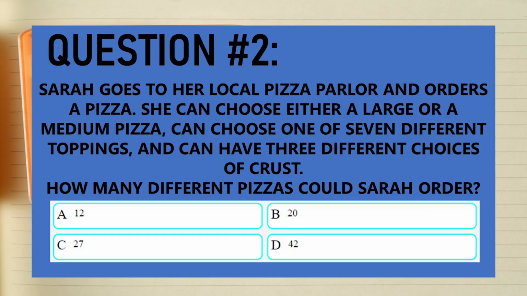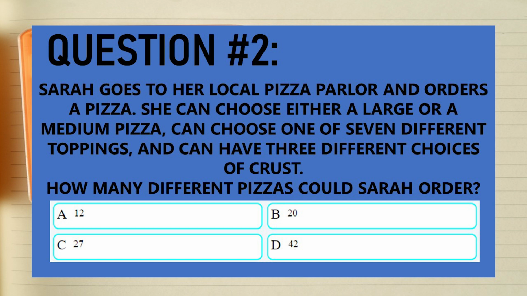Question number 2. Sarah goes to her local pizza parlor and orders a pizza. She can choose either a large or a medium pizza, can choose one of 7 different toppings, and can have 3 different choices of crust. How many different pizzas could Sarah order?